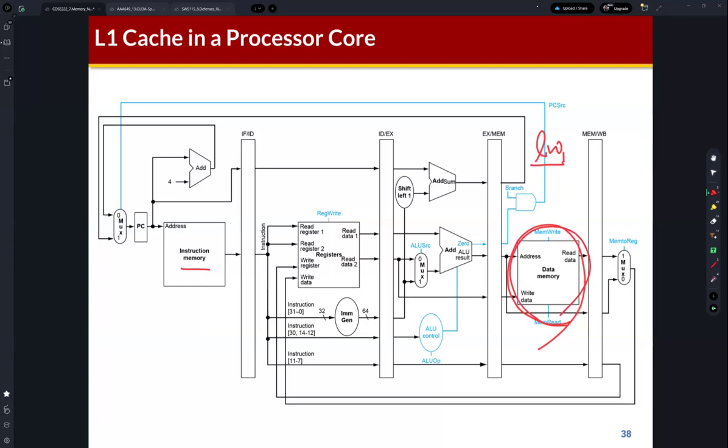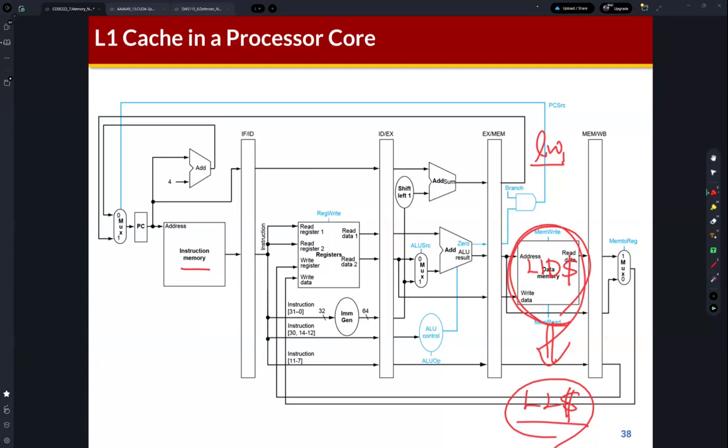Actually this is the level 1 data cache, the L1D cache, right? But it's a cache miss. So then the processor tries to access the requested data from the lower level cache, like the L2 cache, but it will take a longer time.